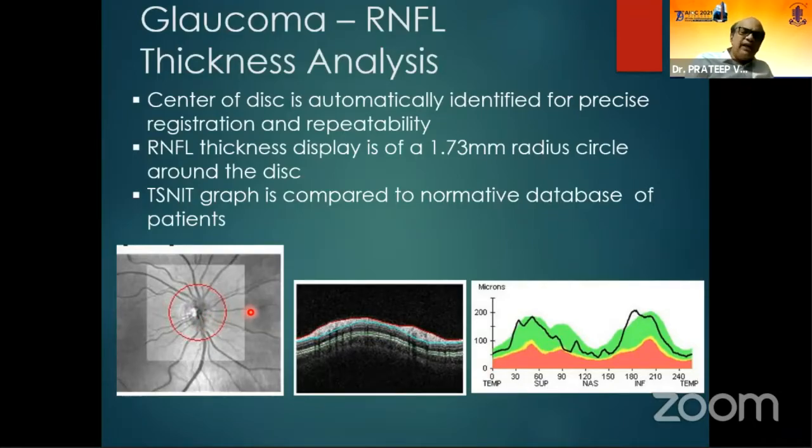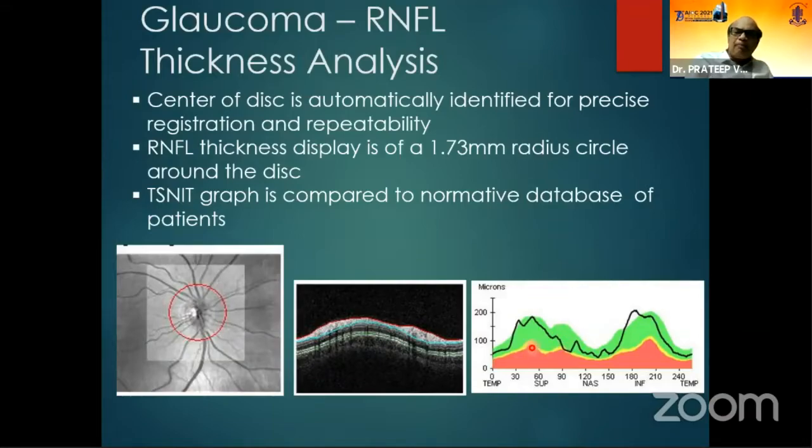The OCT has the capability of registering the image through the blood vessel configuration, and the center of the disc is also marked, and there is a tracking device where it can be tracked and automatically centered. You can see that the green area is very normal.